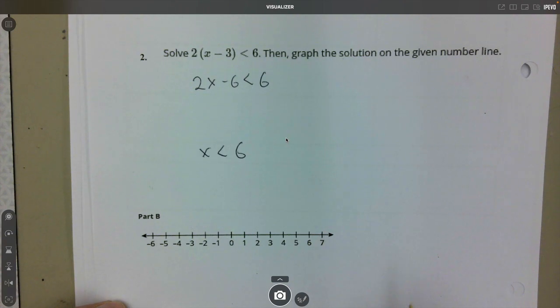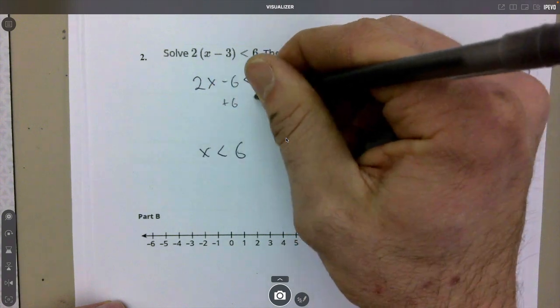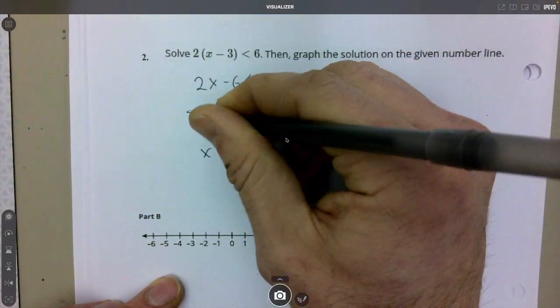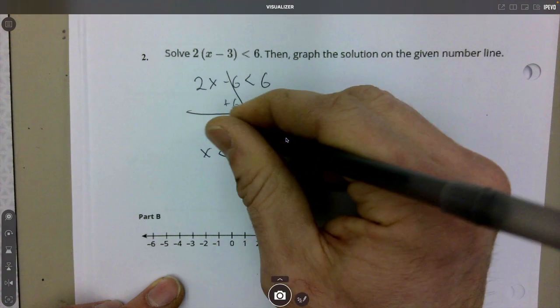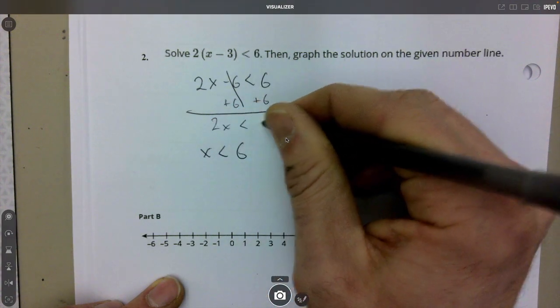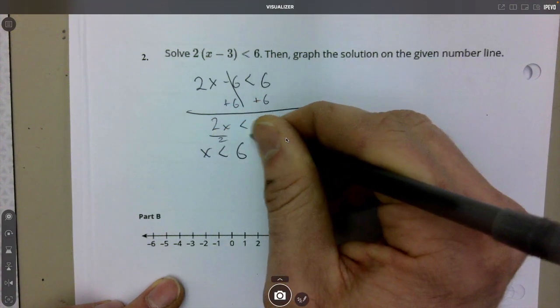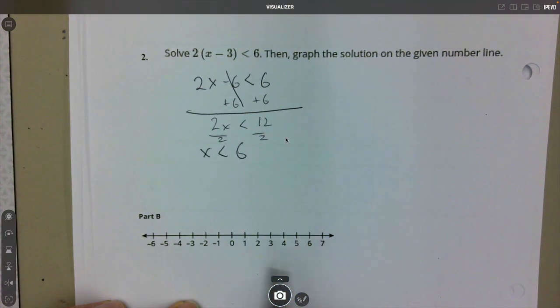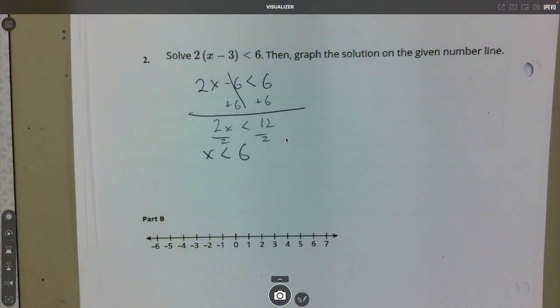Do I flip the sign when I divide by 2? x should be less than 6.